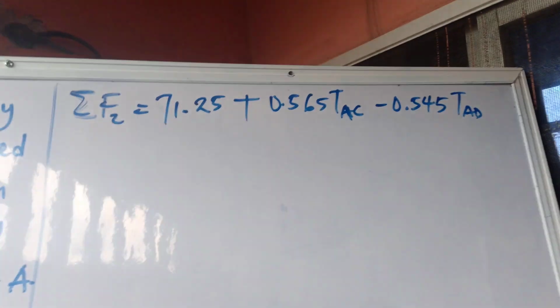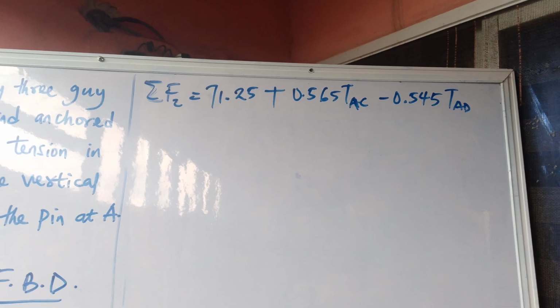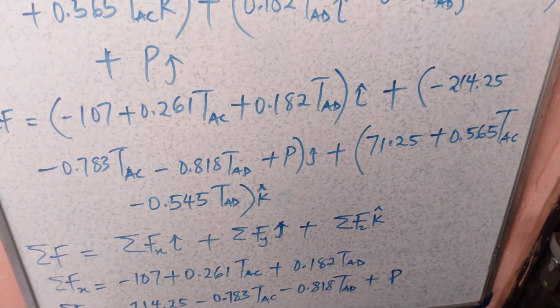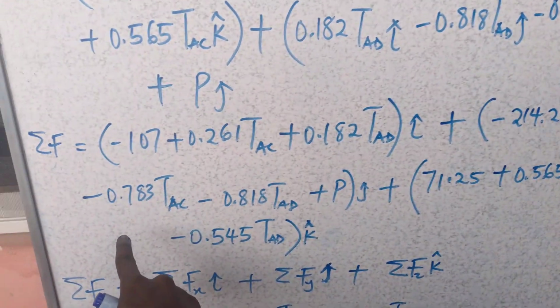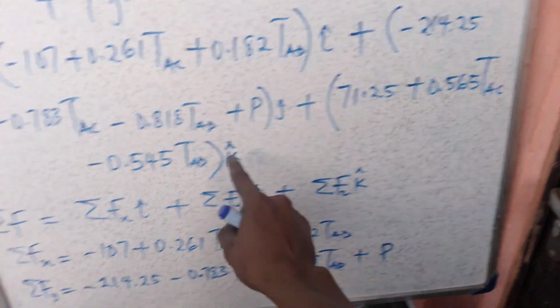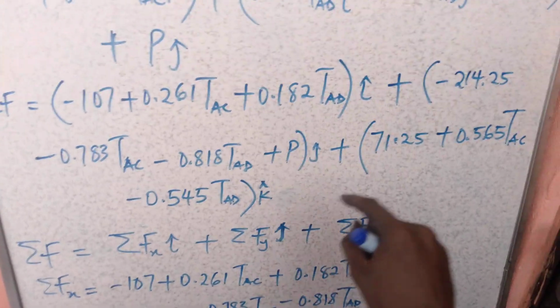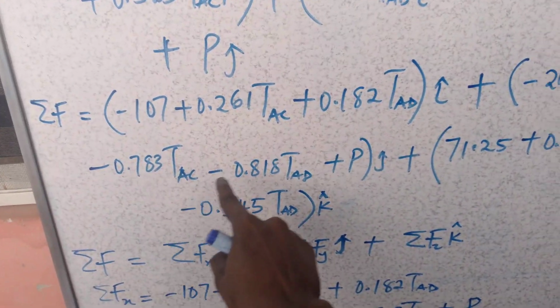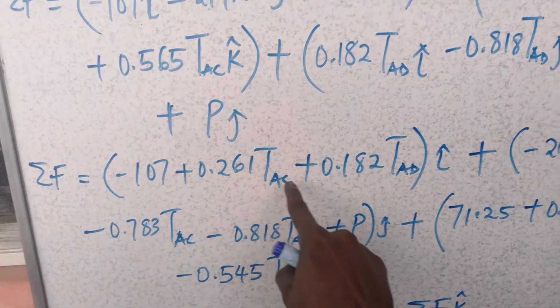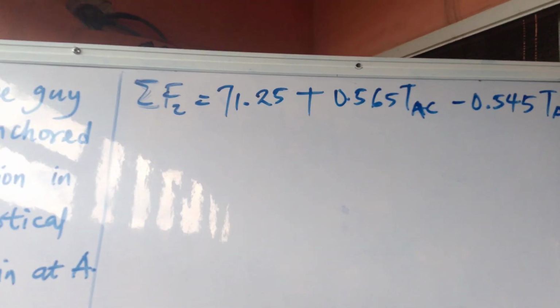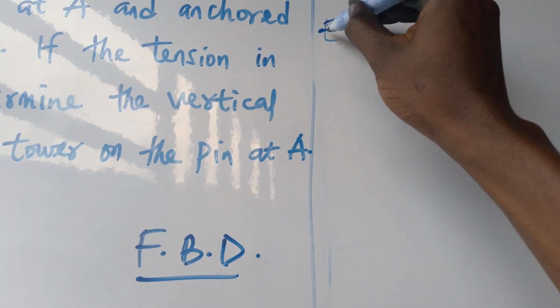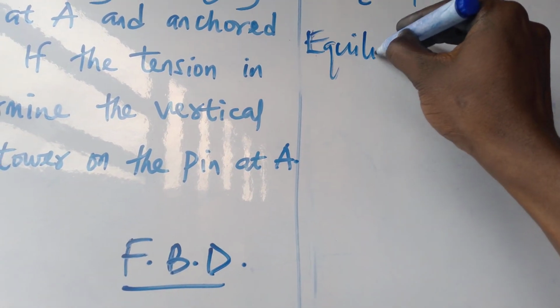Okay, so that is it. The whole of these values is sigma Fz with respect to K. This one is sigma Fy with respect to J. This one is sigma Fx with respect to I coordinates. Okay, so I'll say equilibrium conditions.